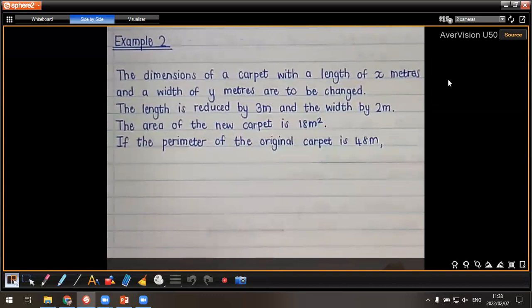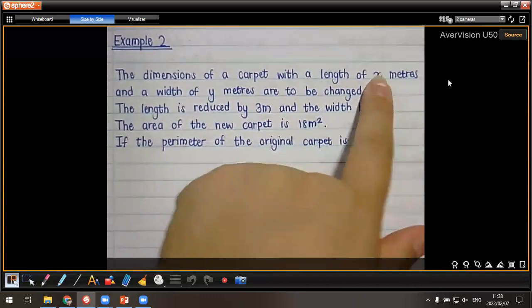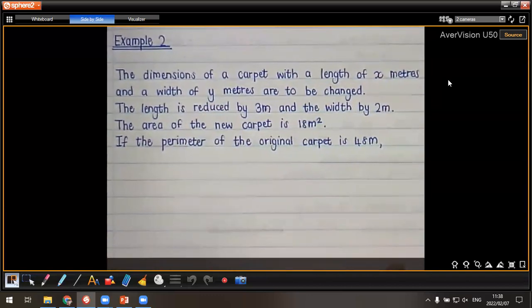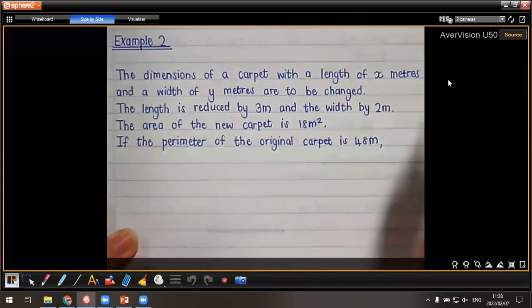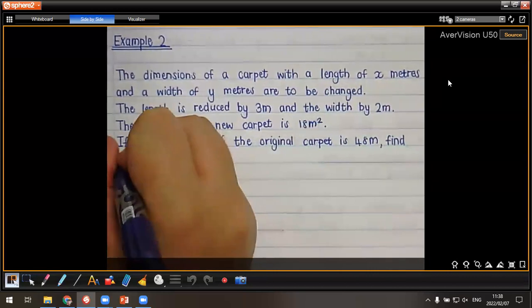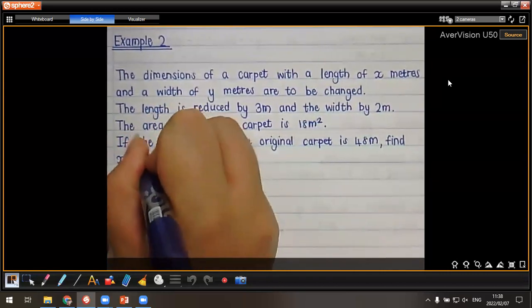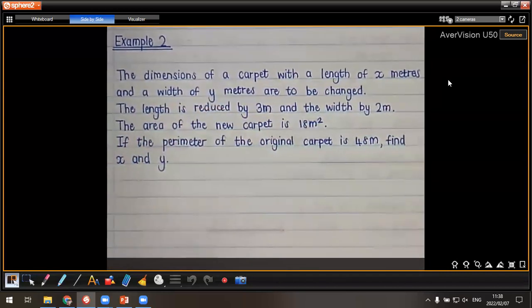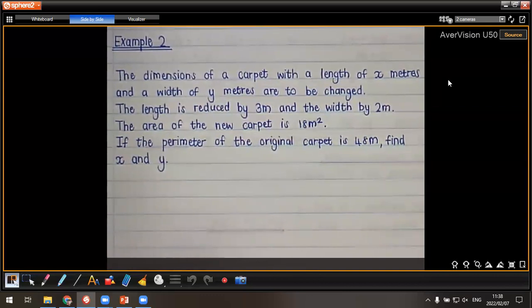Now, what were the dimensions of the original carpet? It was just x and y. Right, so we basically need to find x and y. That's what I'm going to write. Find x and y. Oh, that's a bit longer than I thought it would. Just write that out.